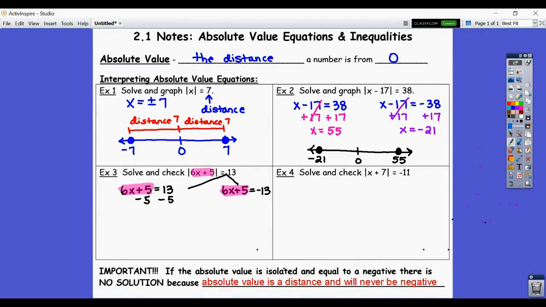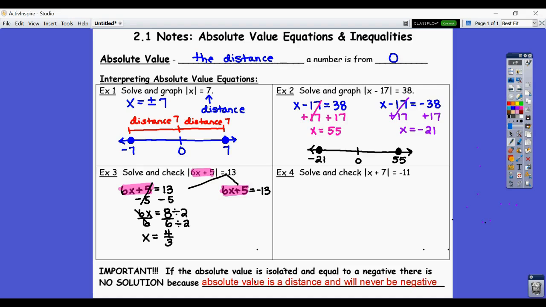Over here, I'm going to subtract 5 from each side, getting me 6x equals 8. Then from here, I divide by 6. Yes, you can get a fraction. Our result here, when we simplify it down, dividing 2 in the numerator and the denominator, I'll get 4 over 3.